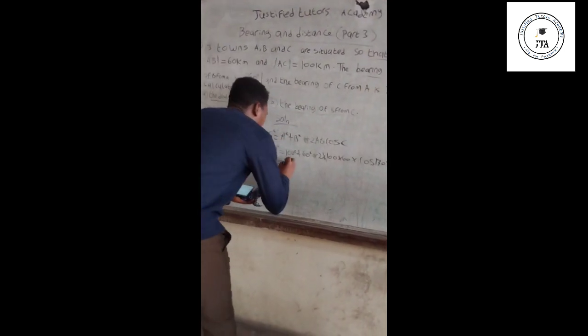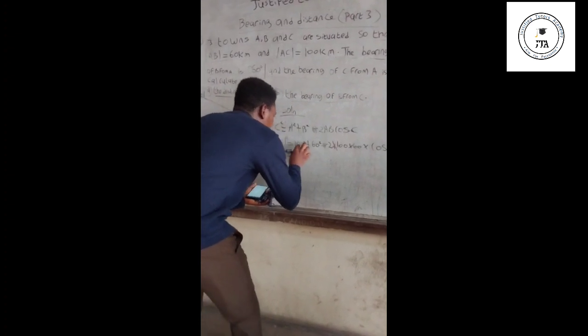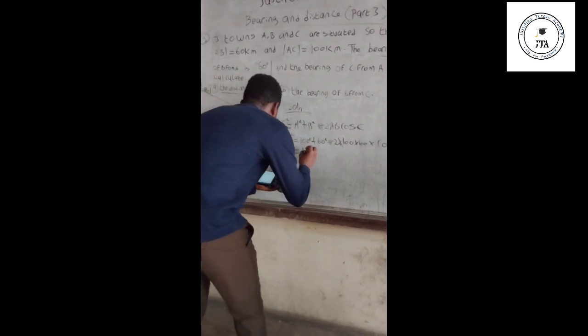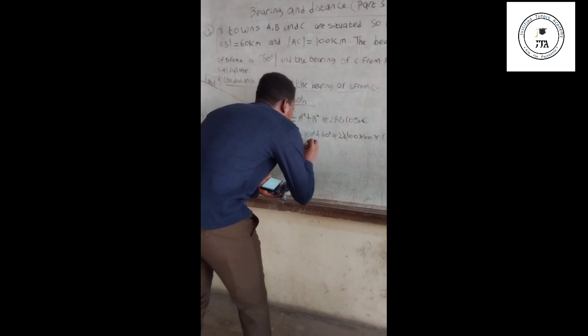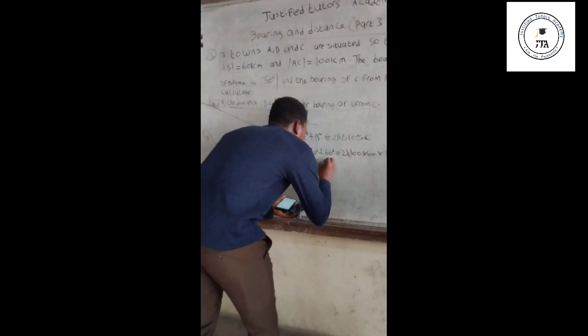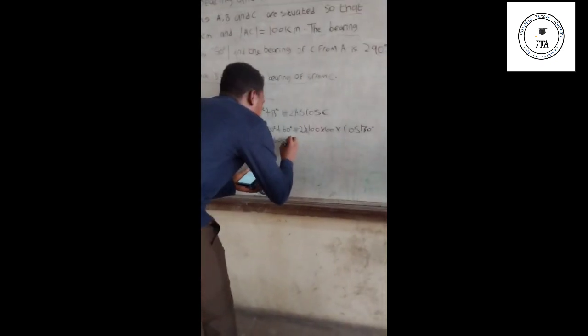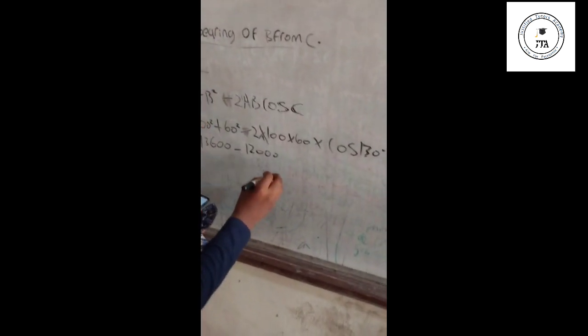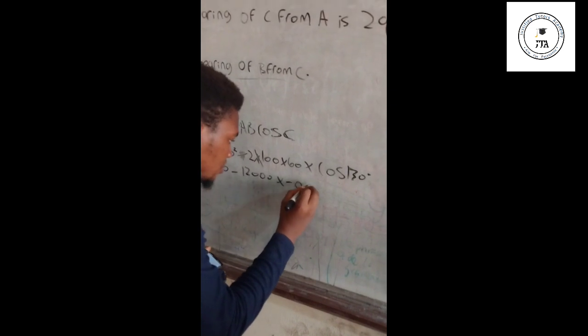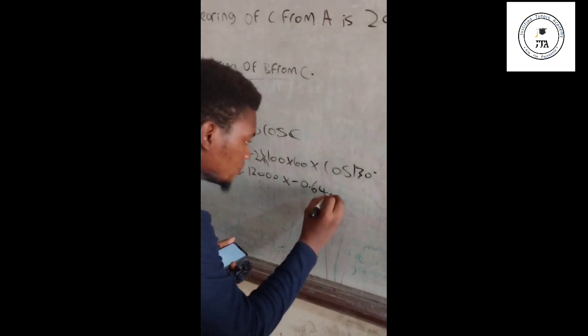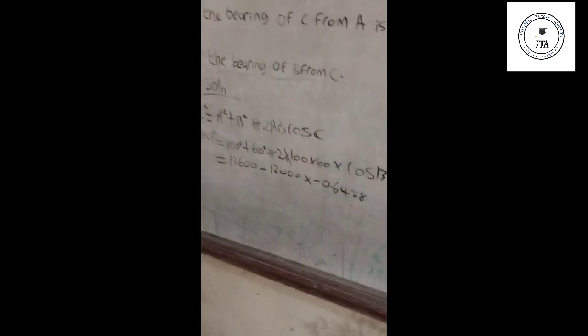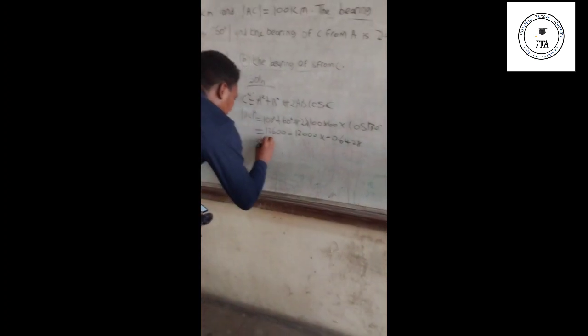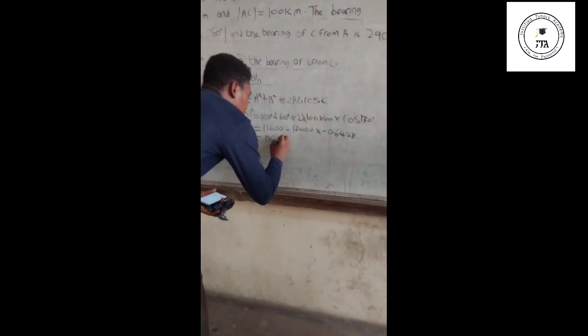So when you solve everything, this one will come: 13,600 minus 12,000 times minus 0.6428. Then when we solve for that, we are having 13,600.